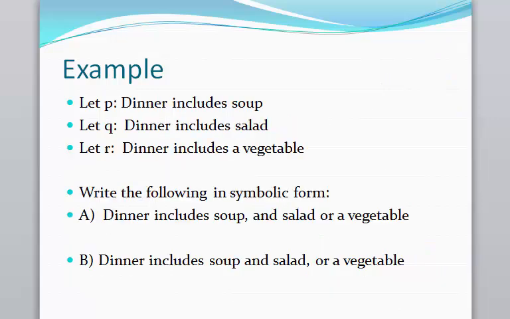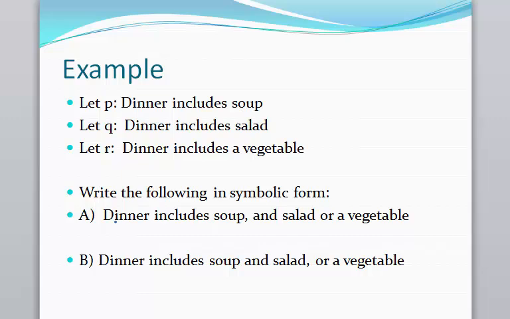For our next example, we have a P, a Q, and an R. The problem says P is dinner includes soup, Q is dinner includes salad, and R is dinner includes a vegetable. And we want to write the following statements in symbolic form. Part A says dinner includes soup and a salad or a vegetable.